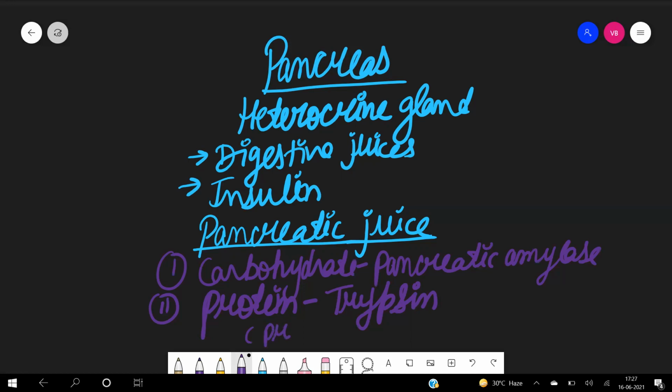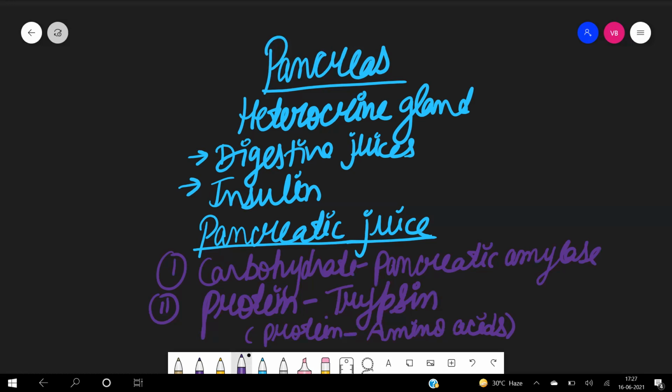It will break down protein into amino acids. So these are the various organs of digestive system along with its function.